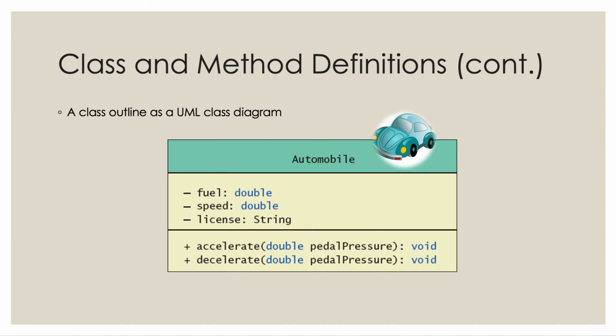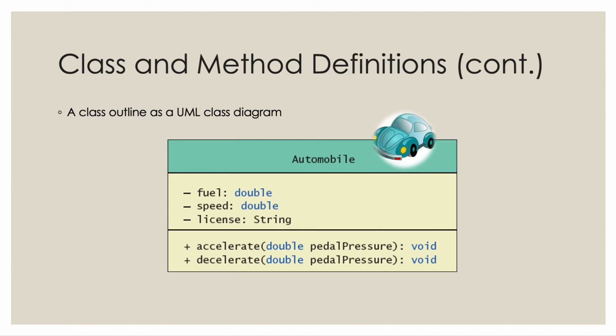In the third part, you see the methods. We have 2 methods. The first one is accelerate and the second one is decelerate. This plus sign means that they are public, so we can use them in different classes. Accelerate and decelerate have parentheses after them.